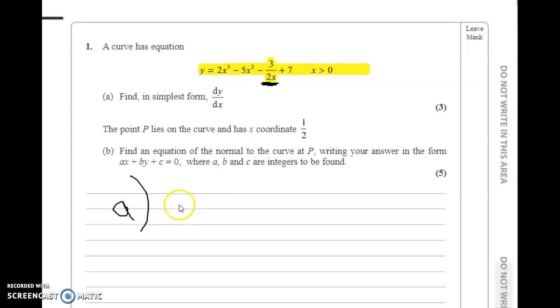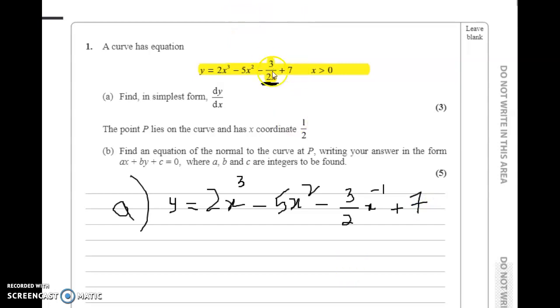So I'll rewrite the function, which is y equals x cubed minus 5x squared minus 3 over 2x to the power minus 1, plus 7.